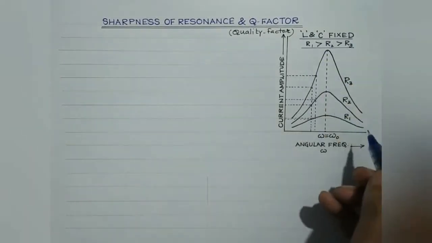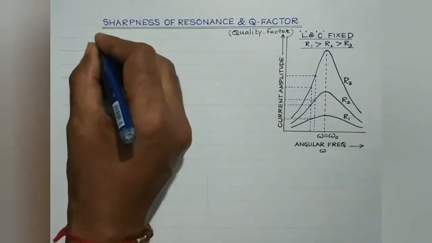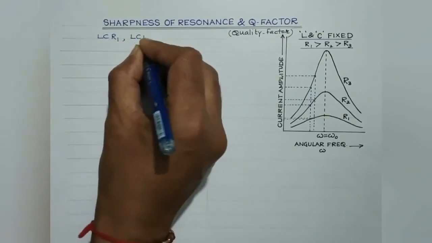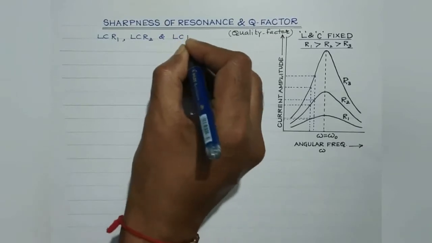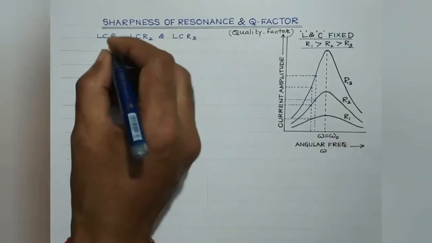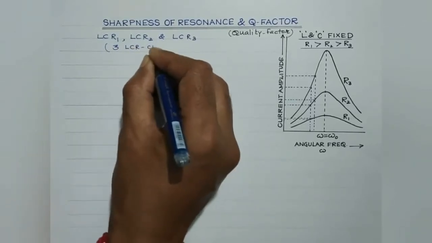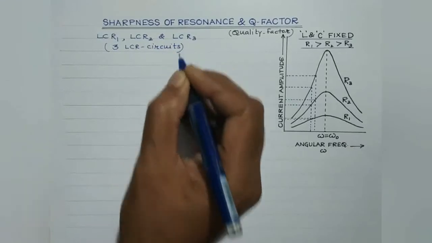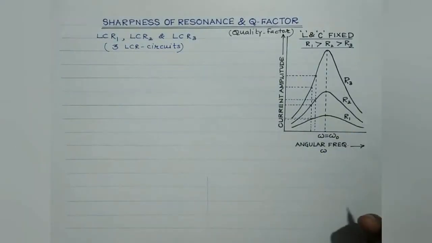So basically here in the graph we have considered three LCR circuits: LCR1, LCR2, and LCR3. So these are the three LCR circuits, right? And then what we have done is we have plotted a graph between the current amplitude and the angular frequency.